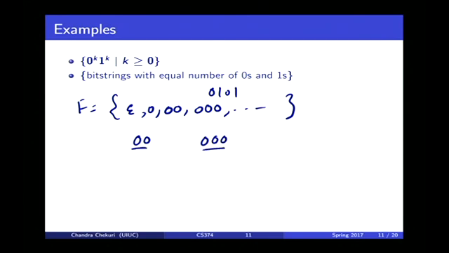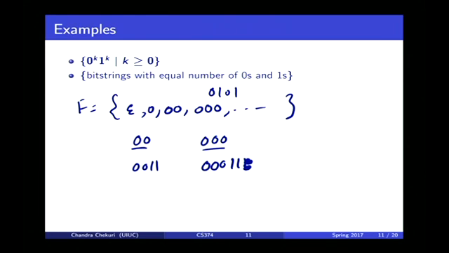Because 0011 is in the language, 00011 is not in the language. If I have unequal zeros, I can tack on ones, the size of the smaller number, and one of them will be in the language and one of them won't be. The same fooling set works for this language too, right?